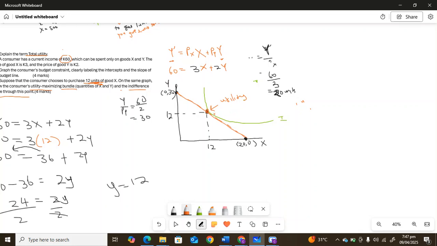Where the indifference curve and the budget line touch each other, at that point they have the same slope. That is the utility maximizing bundle, the combination of good X and good Y to give you the most satisfaction. So in this case, if you buy 12 units of good Y and 12 units of good X, you are going to get the maximum satisfaction.